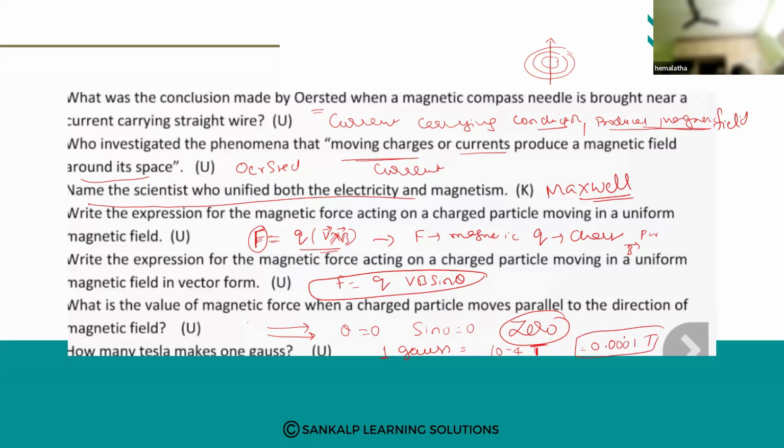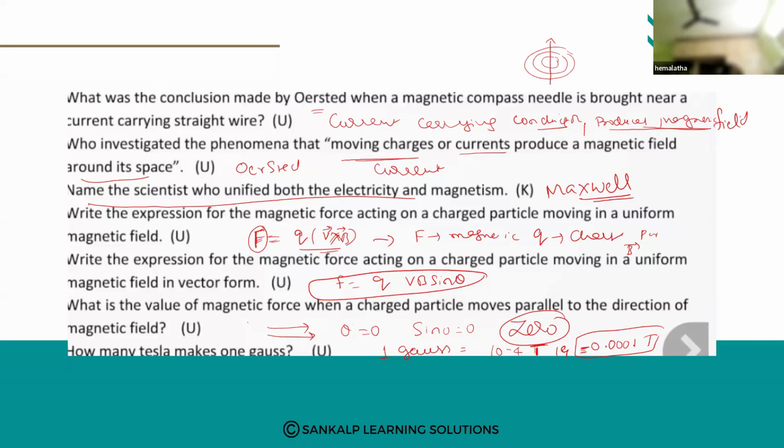So 10,000 Gauss is equal to 1 Tesla. 10,000 Gauss is 1 Tesla.